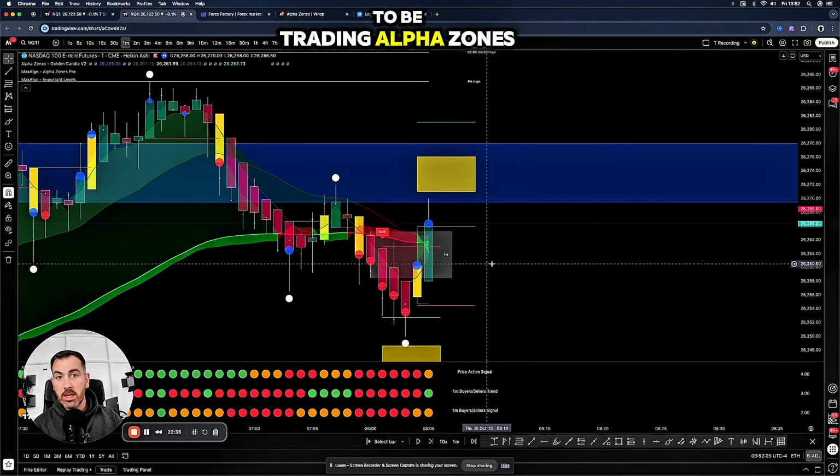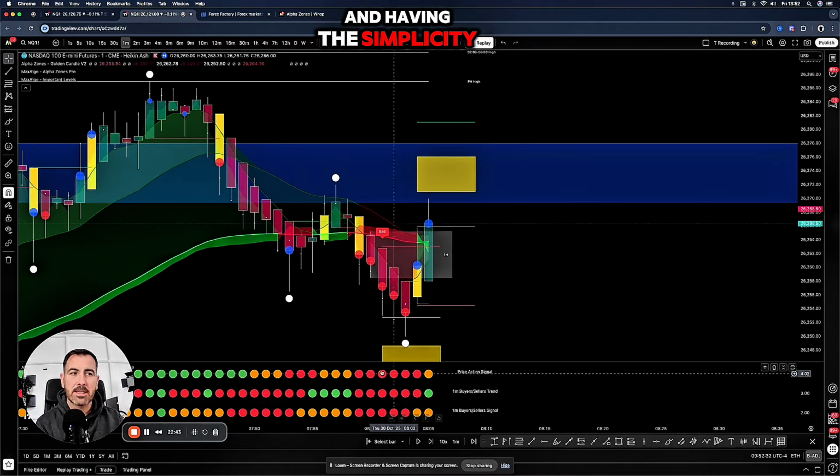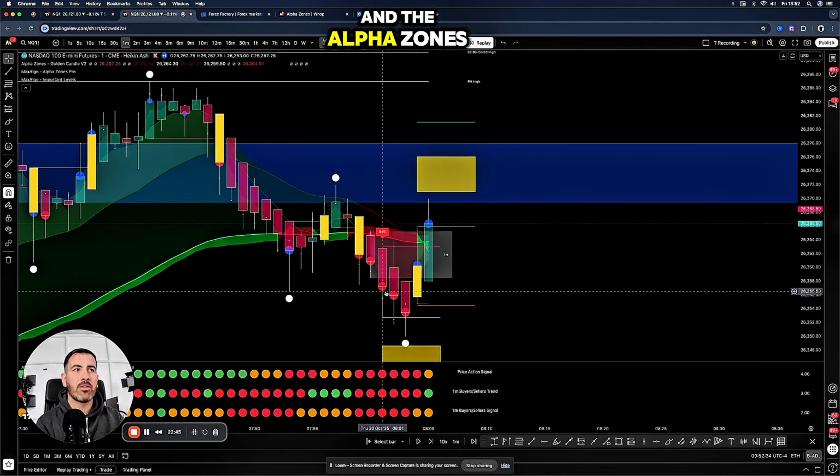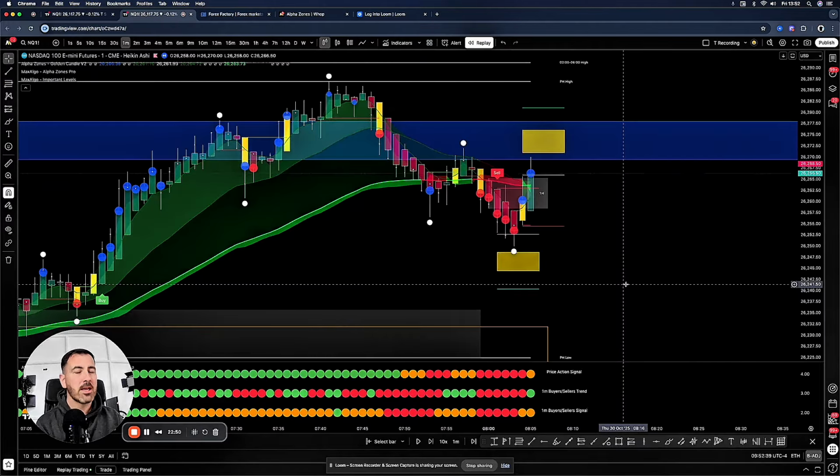Now, if you want to be trading alpha zones, if you want to be taking trades like these, if you want to be trading golden candle and having the simplicity of these traffic lights and the alpha zones to be able to give you narrative and context when you're taking your trades that isn't complicated.